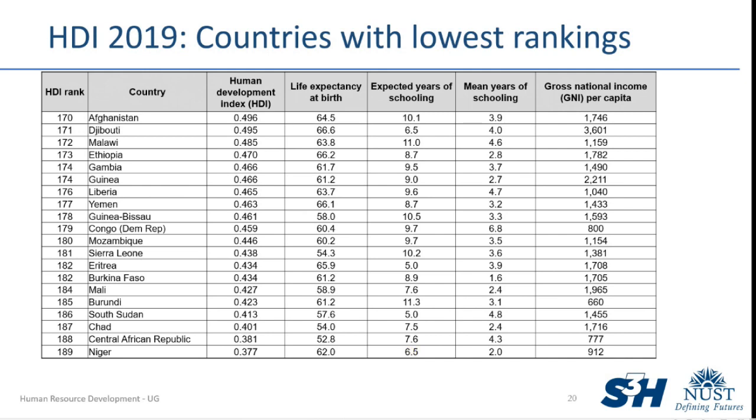Which is very, very low. And then we have life expectancy at birth. It's not that bad as compared to the other countries in this list, but for most of the countries, mean years of schooling is quite low, which is why they are at the bottom, and also GNI per capita is very low. This is one of the reasons why they are at the bottom. Okay.